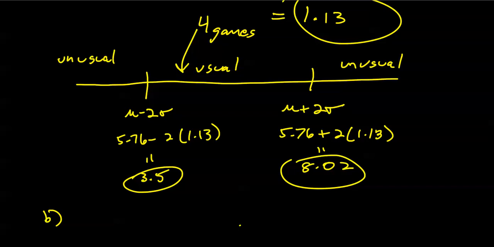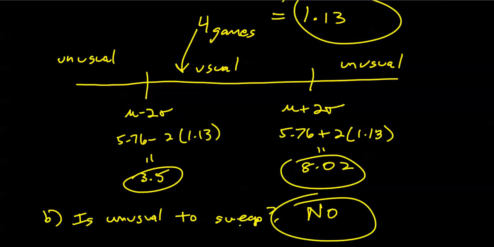So part B says, is it unusual to sweep a World Series? And the answer here is no, because the x value of 4 is between these boundary values.